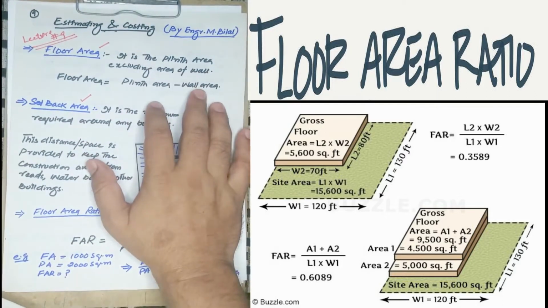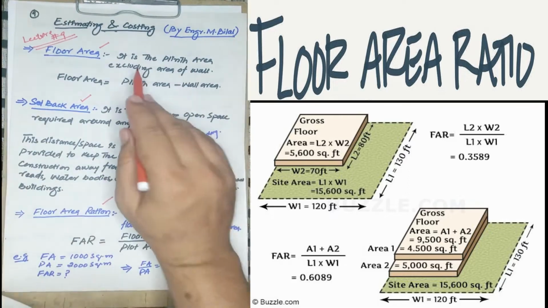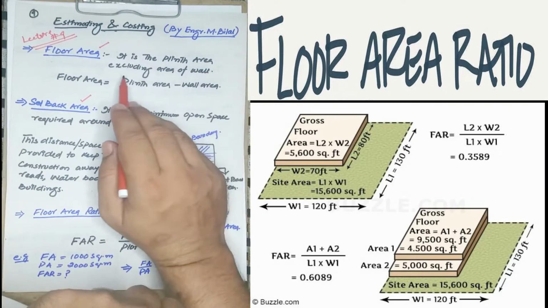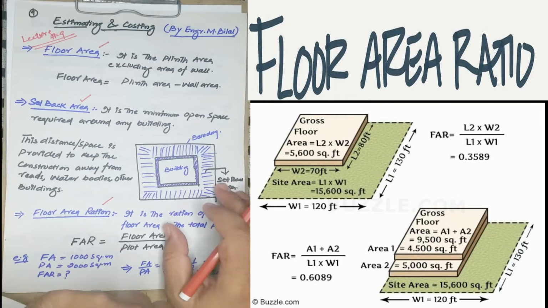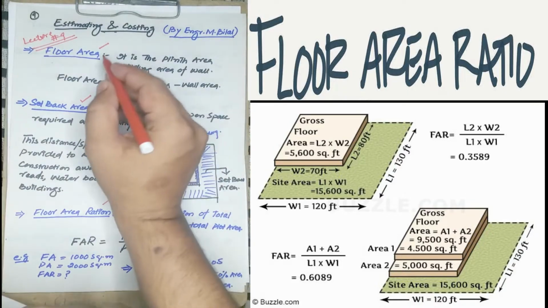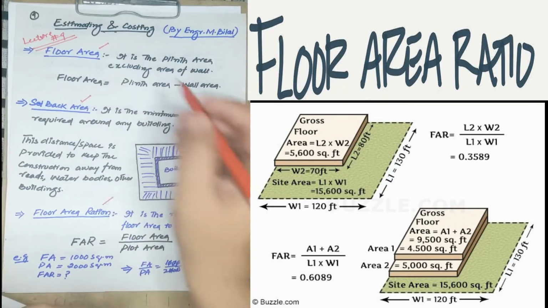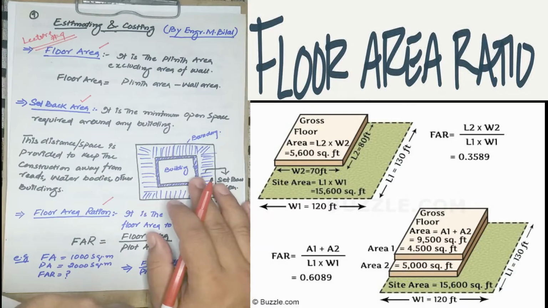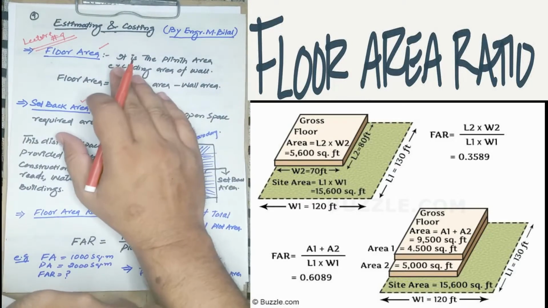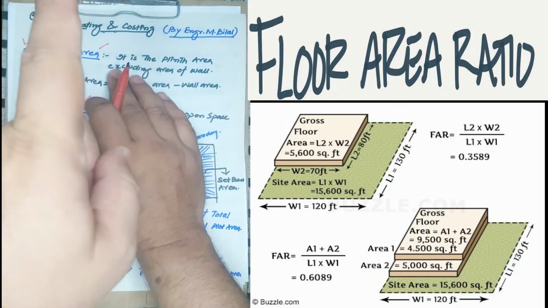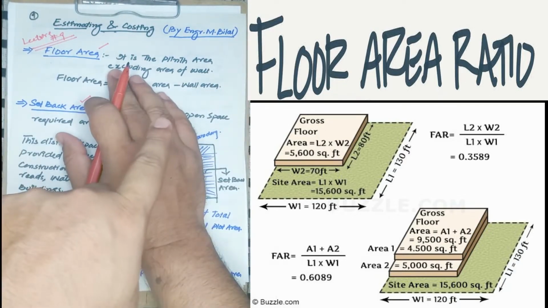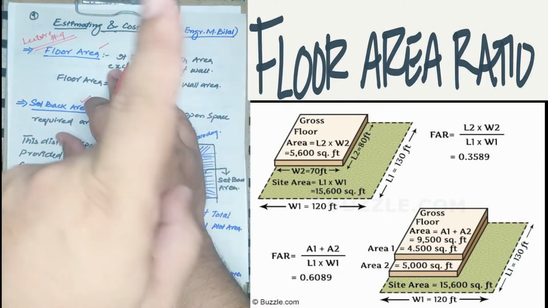So what is floor area? Floor area is the plinth area excluding the area of the walls. You know that the floor area is similar to the carpet area, but in the floor area of the whole building the veranda is included, while in carpet area the veranda is not included.